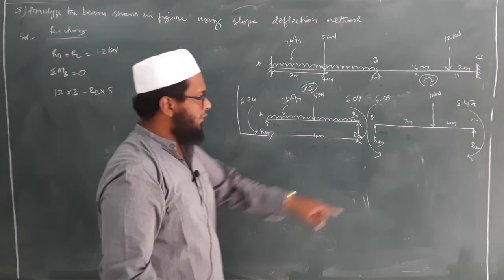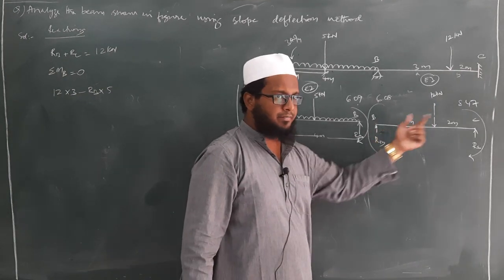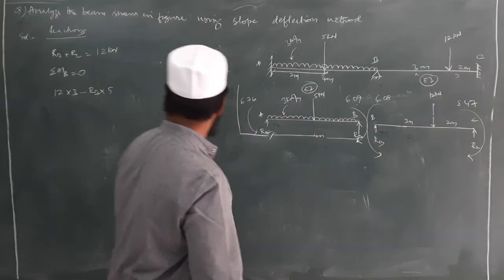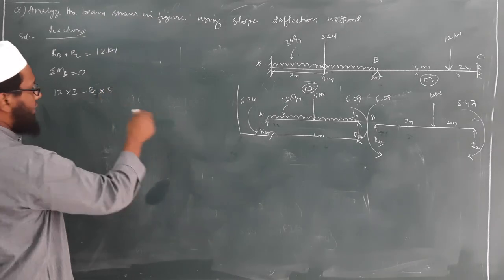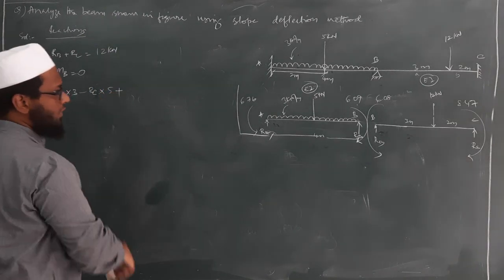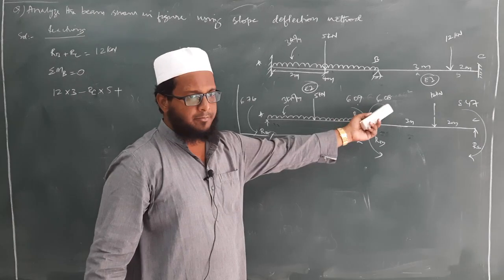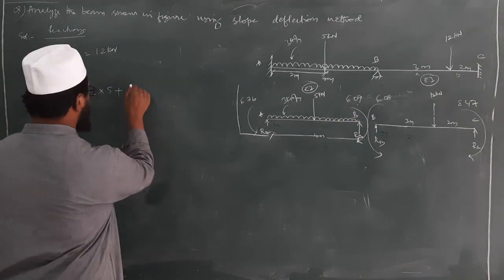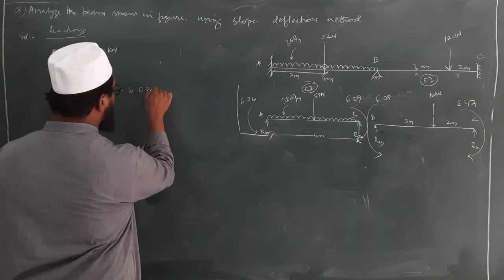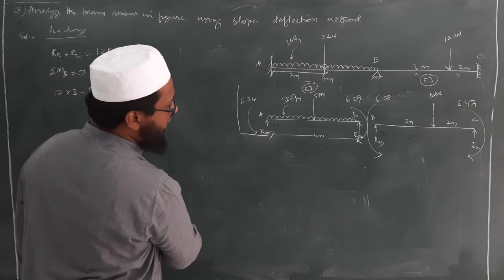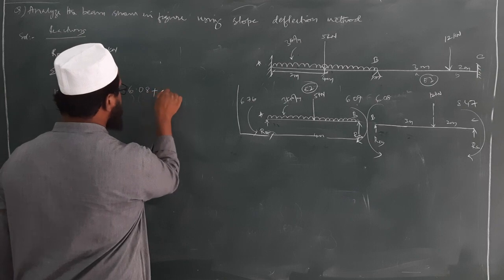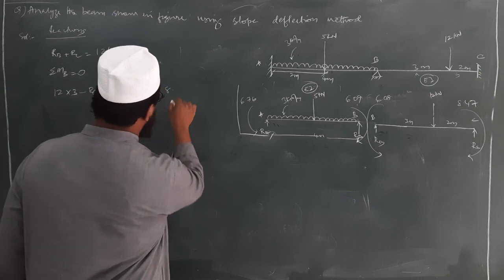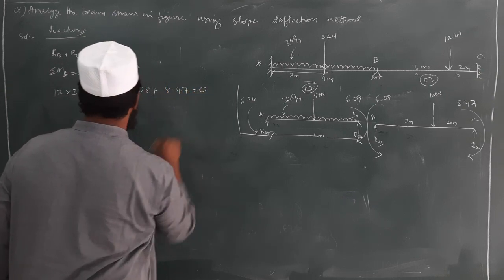All vertical forces are over. Now we'll take down minus RC into 5. Then what are the moments we have? One is going in the clockwise direction, that is 6.08. 6.08 minus 8 point, see, it is minus, right? This is minus and this is 8.47 is equal to 0.